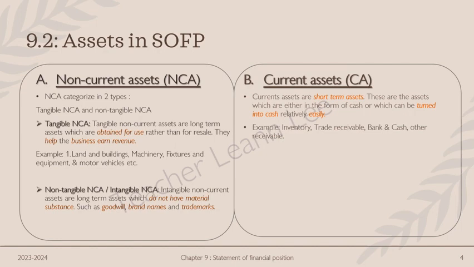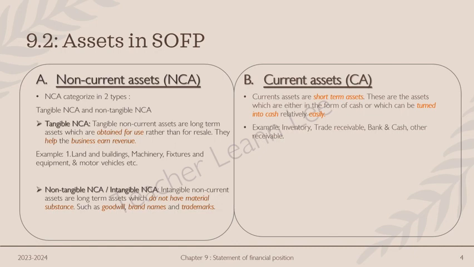Resale purpose is purchase. So I purchase the product hoping that I could immediately sell it out and turn into profit. But for NCA, no. For instance, I bought a motor car just to ease the process of delivering products to my customer's doorstep. So all this is to assist the business to get more revenue.